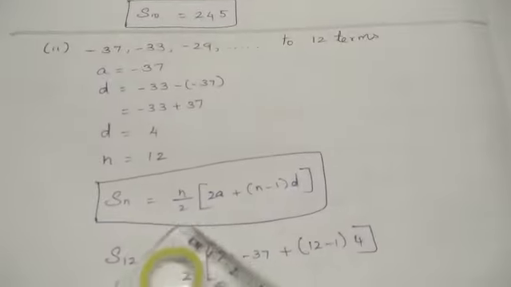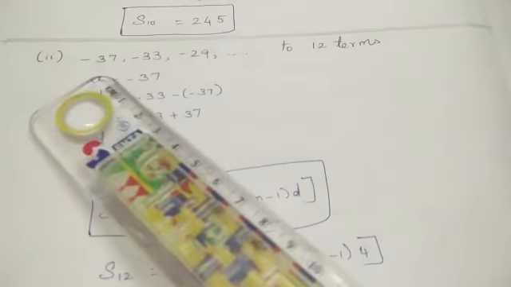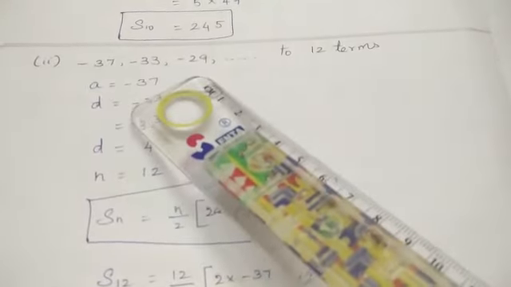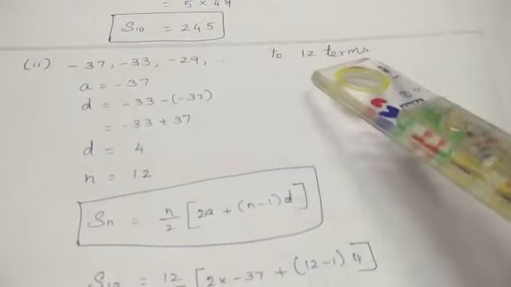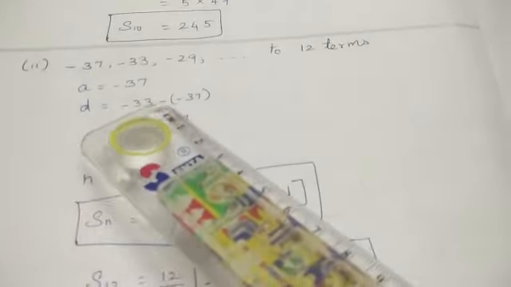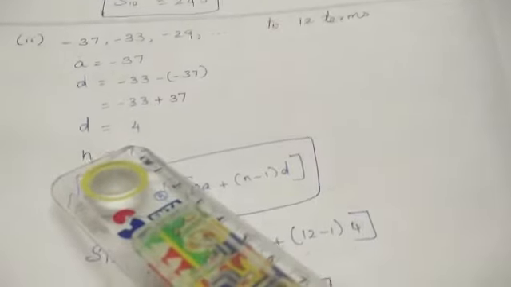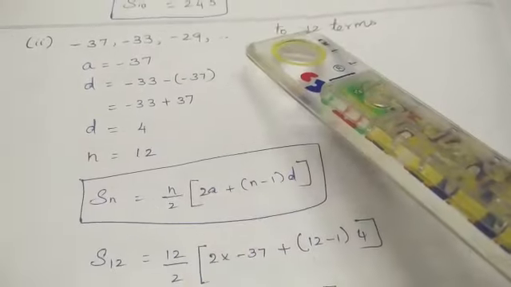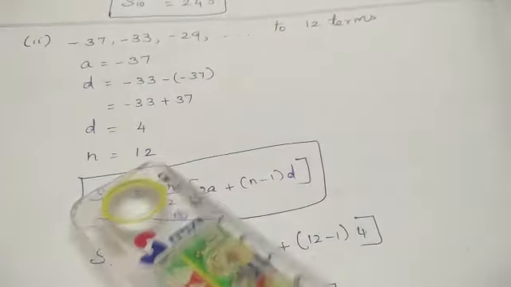Same for the second part also: minus 37, minus 33, minus 29 up to 12 terms. a equal to minus 37, d equal to a2 minus a1, therefore minus 33 minus of minus 37, minus into minus becomes plus, therefore minus 33 plus 37 equal to 4. n equal to 12 terms, as mentioned.